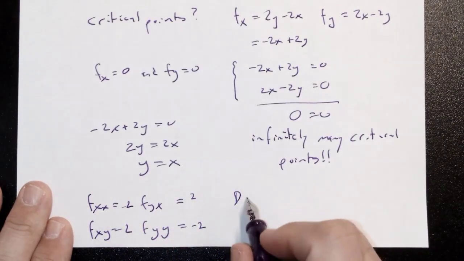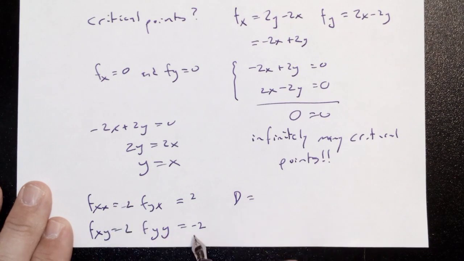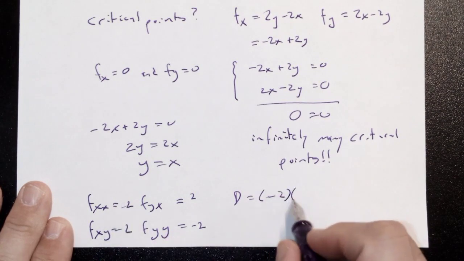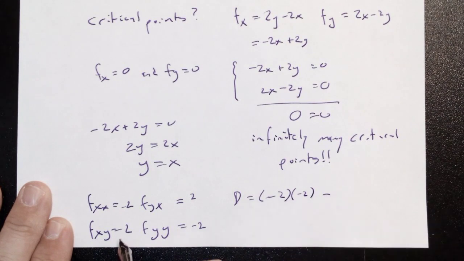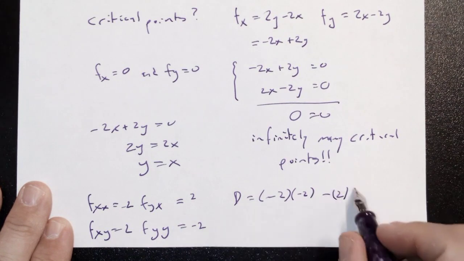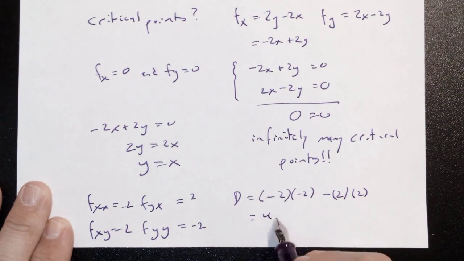Which means D is fxx times fyy minus fxy squared. Wait a minute, that's 0.